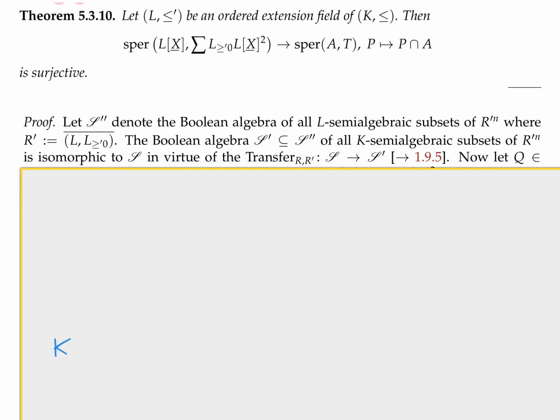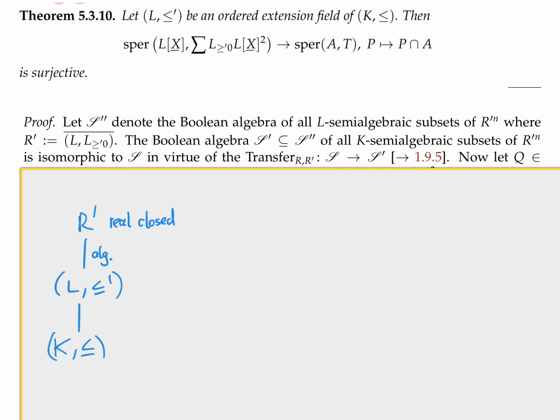We have K together with less than or equal. That's an ordered subfield of L together with less than or equal prime. And here I have a real closure R prime. So this is real closed, and this is an algebraic extension here. It's an extension of ordered fields also.